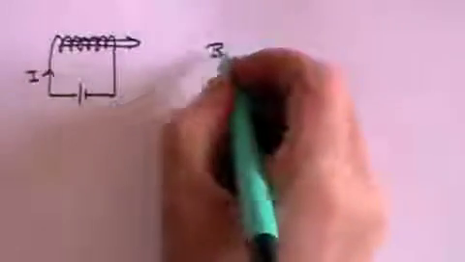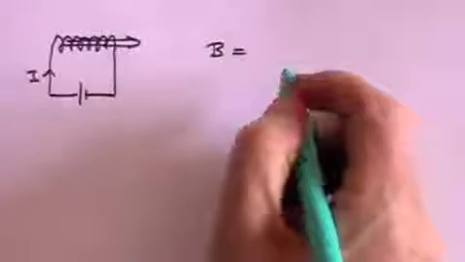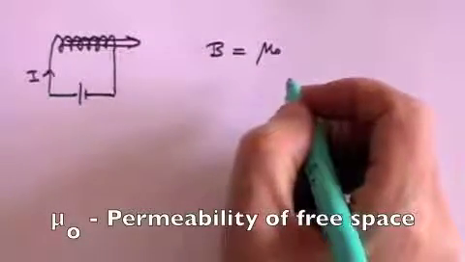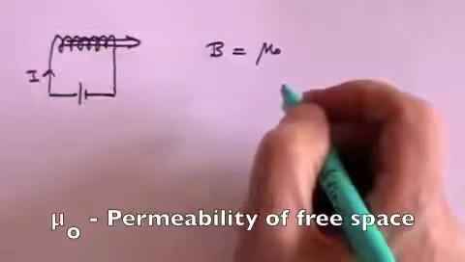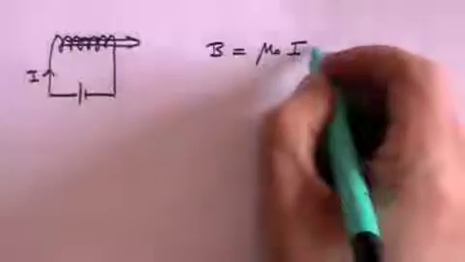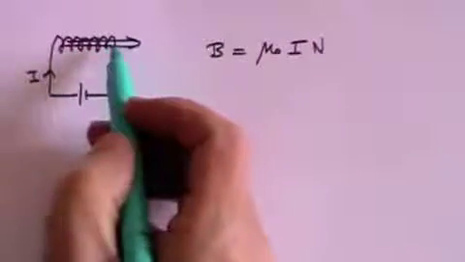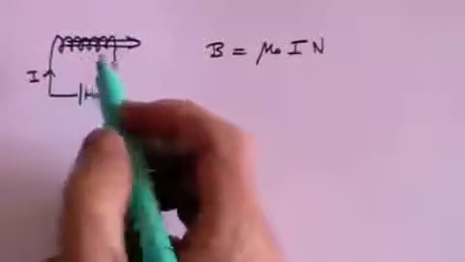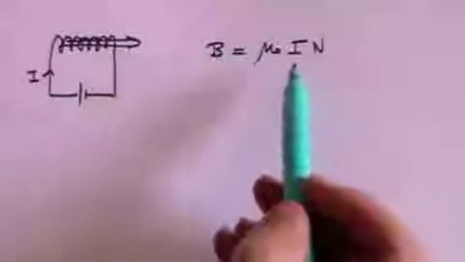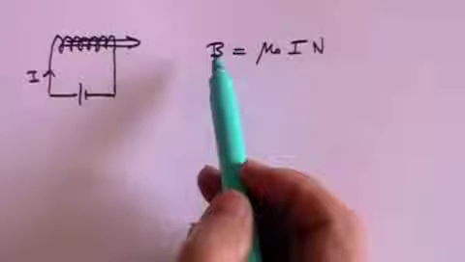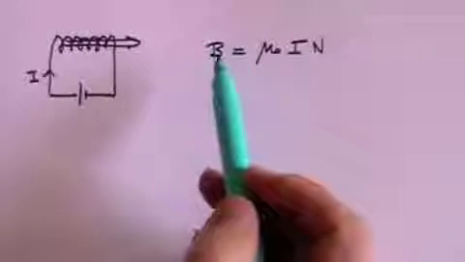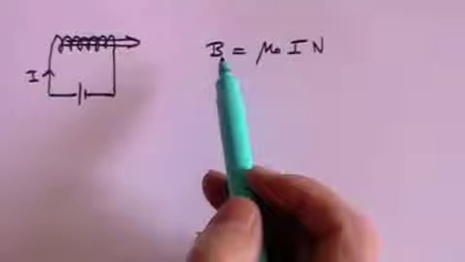The magnetic field strength, B, is equal to mu0, the permeability of free space, multiplied by the current going through the wire, multiplied by the number of turns in the solenoid. So if you change the current, you change the magnetic field. If the current is steady, then the magnetic field will be steady.